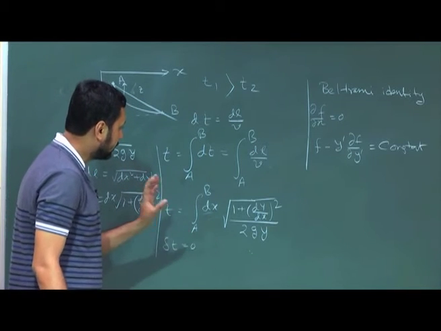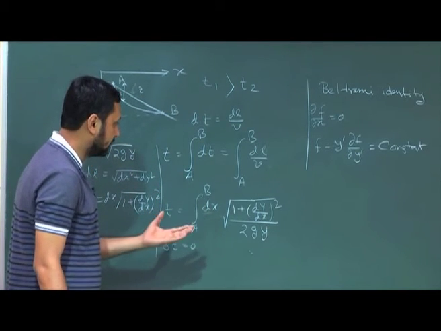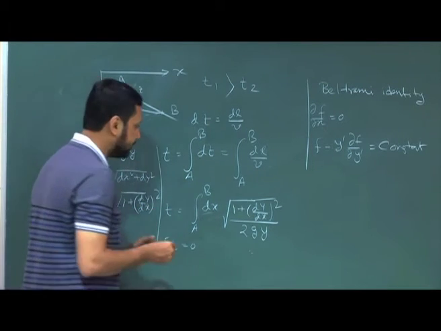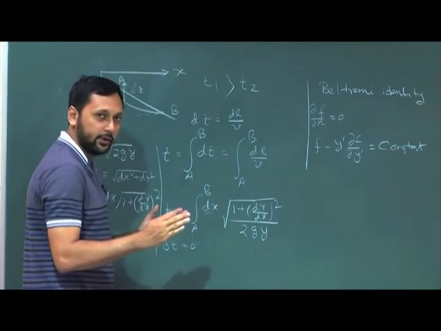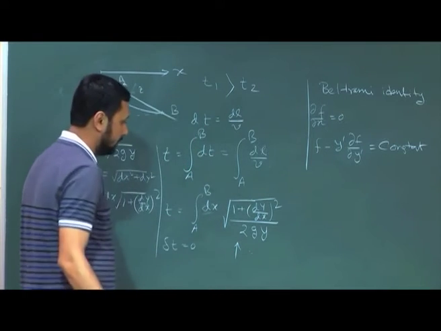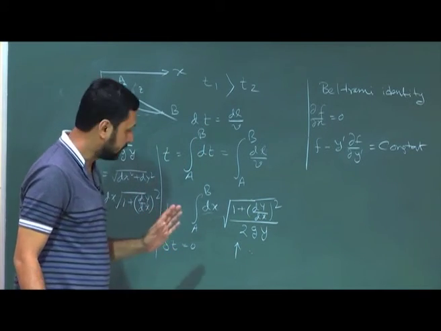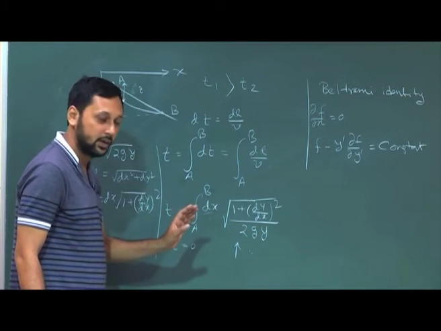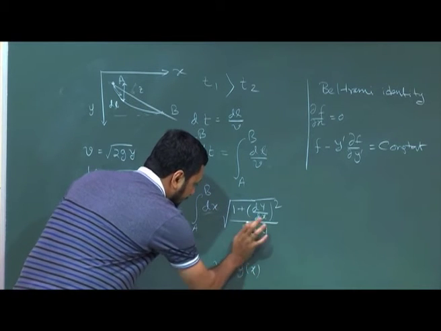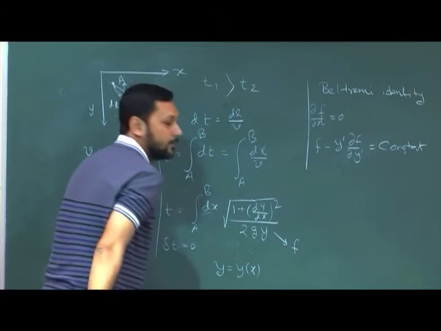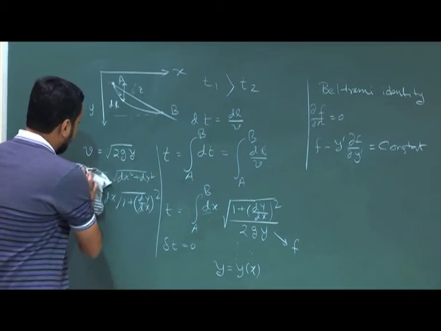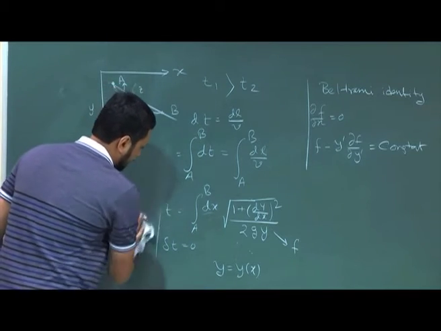So, that means we have to find out the expression of this curve, which is simply given by, we have to find out the equation of the curve, which is of the form y is equal to y of x, by taking this as my function f, right. So, this is where we come finally.